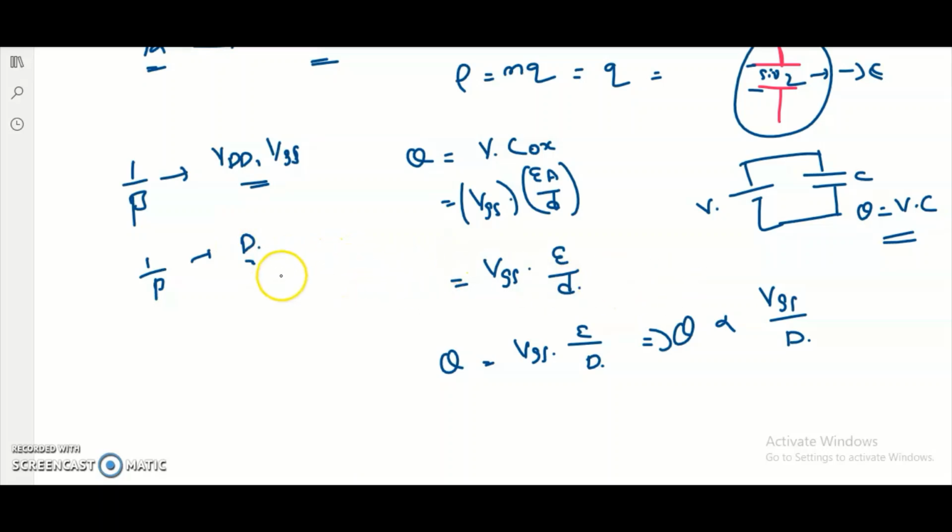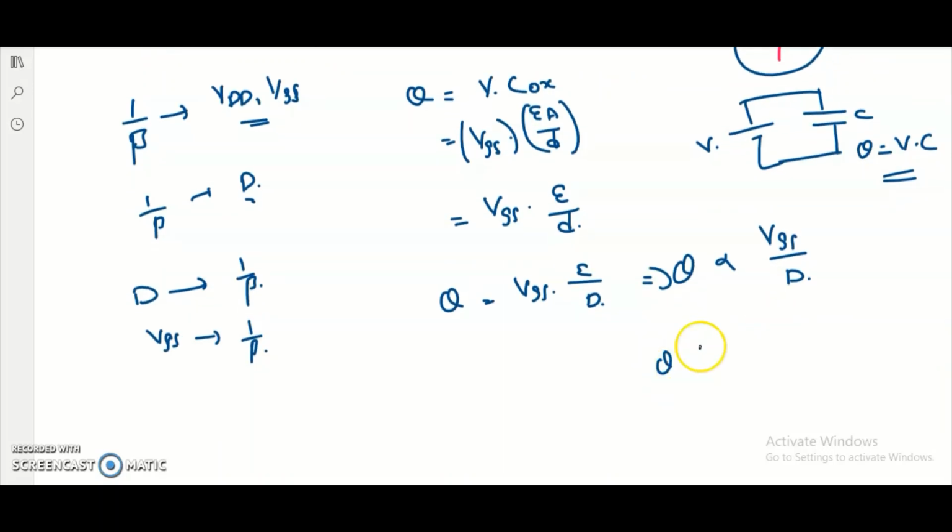So this D, the thickness of the silicon dioxide, is going to be scaled by 1 divided by beta, and VGS is also going to be scaled by 1 divided by beta.